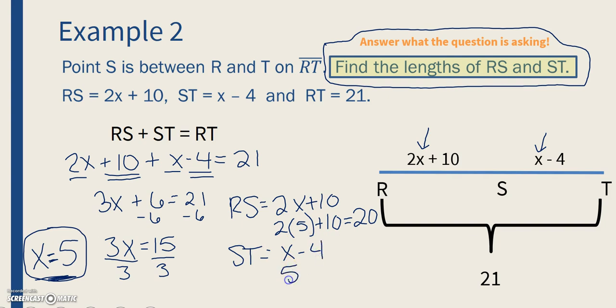So if we put 5 in for x, 5 minus 4 is 1. So the length of RS is going to be 20, and the length of ST is going to be 1. We had to find x in order to find those lengths, but x equals 5 is not our answer. We have to make sure we answer that question.